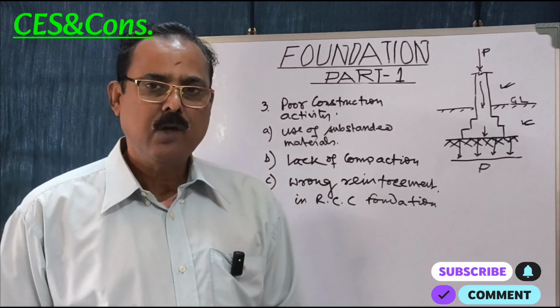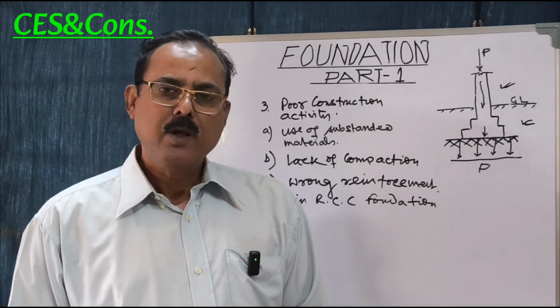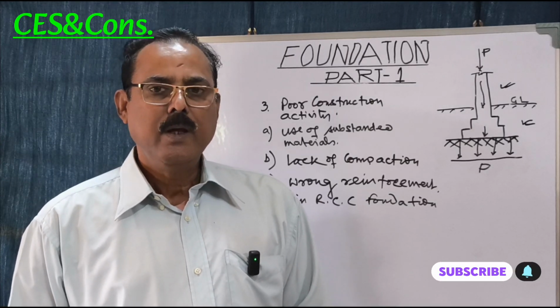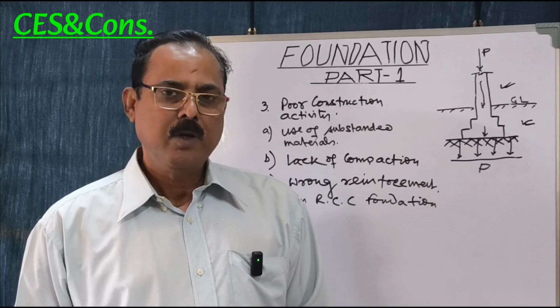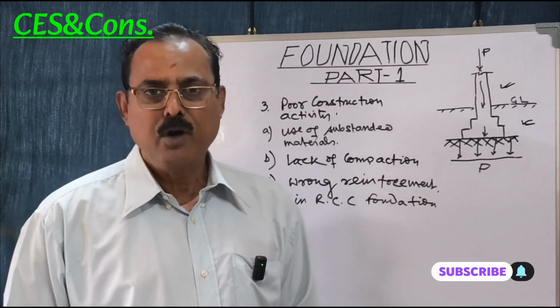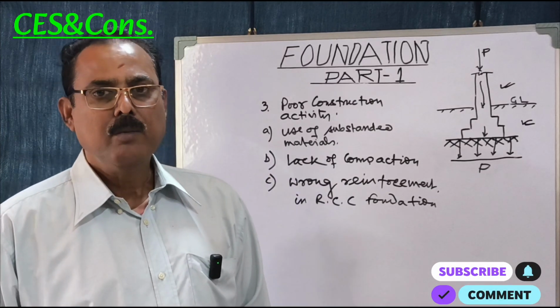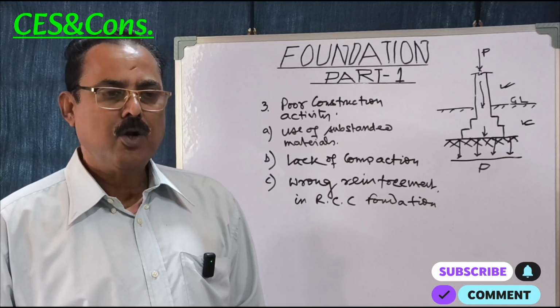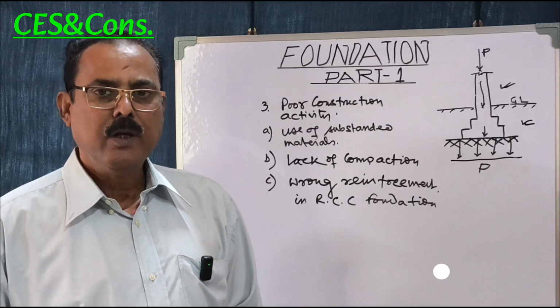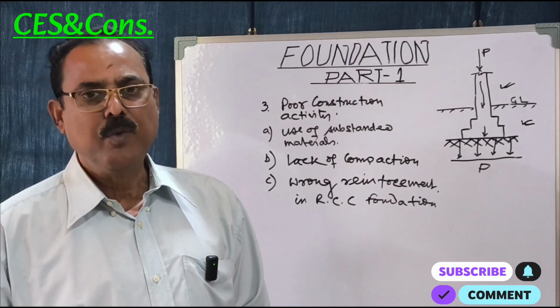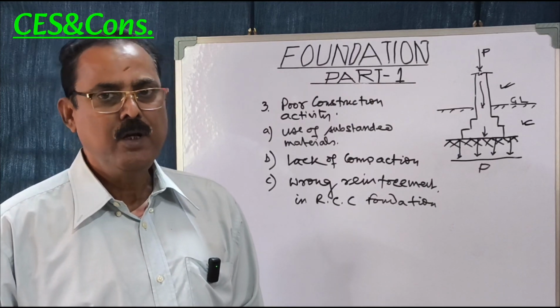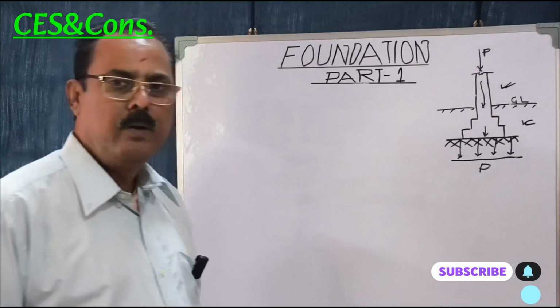When the foundation is RCC, the reinforcement for that should be according to design, considering the load coming on the structure. If there is any fault, the foundation may collapse. And not only the quantity of reinforcement, everything like binding, bending, etc. should be proper, otherwise the foundation may collapse.